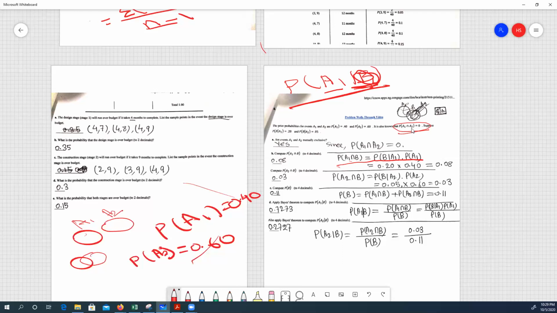Instead of using this, you can also use this formula: probability of A1 intersection B is equal to probability of A1 given B times probability of B.